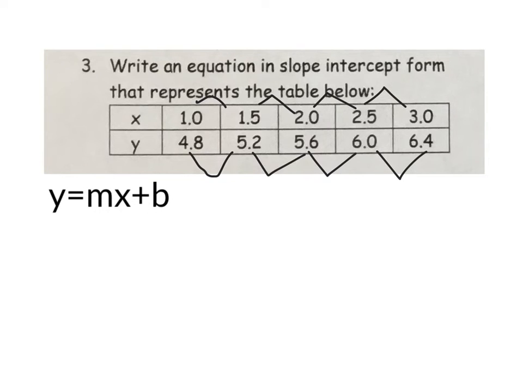So the equation is going to be like so. Find your slope and then find your y-intercept. To find the y-intercept, we have to go backwards from that 1 where x is 0. That was number 3.